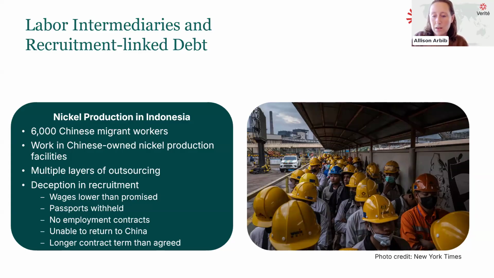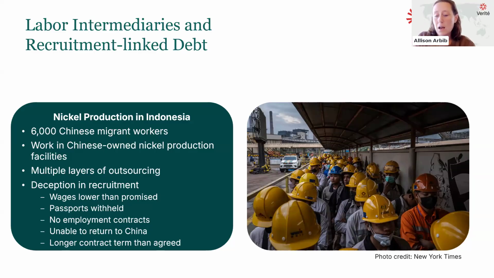A final example I'll give you of the role of labor intermediaries was around nickel production in Indonesia. On the island of Sulawesi, Chinese migrant workers were hired by subcontractors to work in nickel processing in Chinese-owned industrial parks, which were built by the Chinese government under the Belt and Road Initiative.